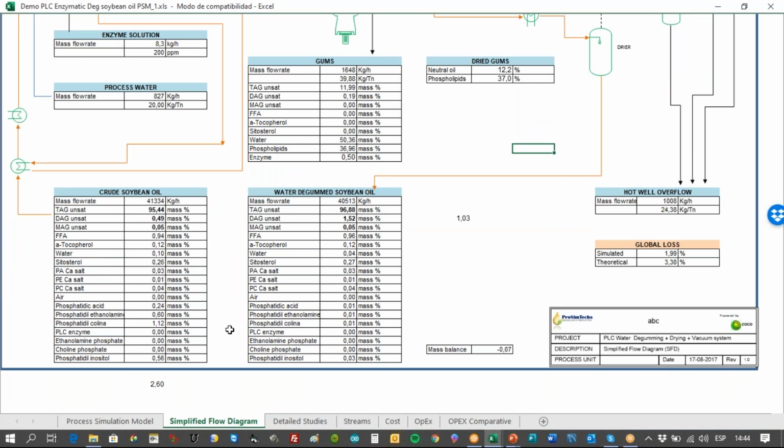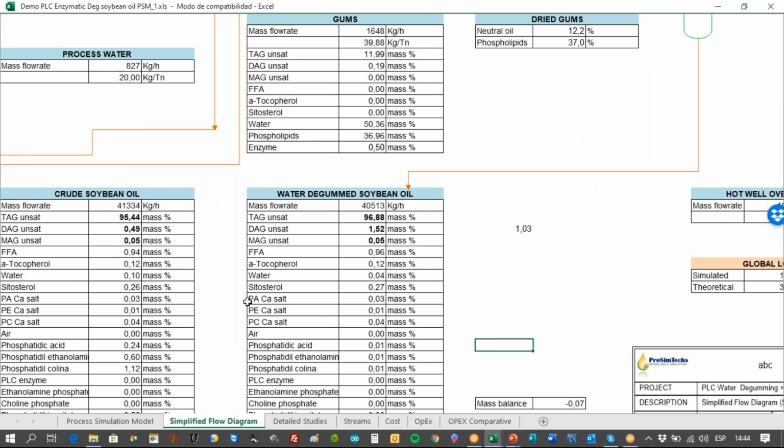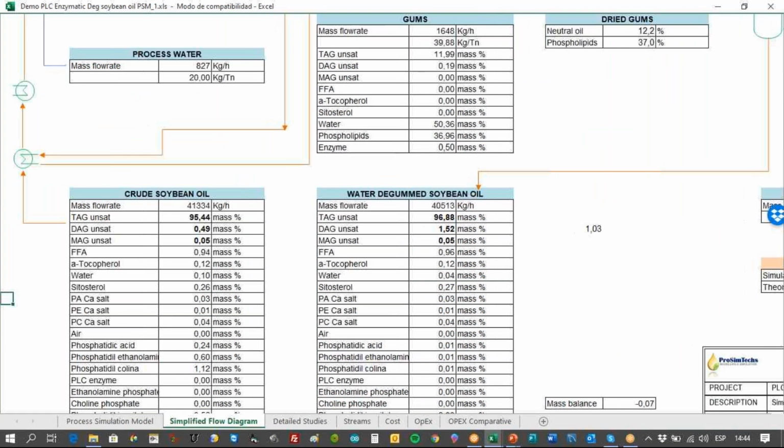Here we can see, for instance, that we have a given increase in diglyceride content, in the crude soybean oil and in the water gum, from 0.5 mass percent to about 1.5 mass percent.